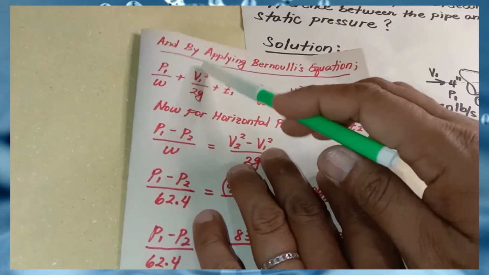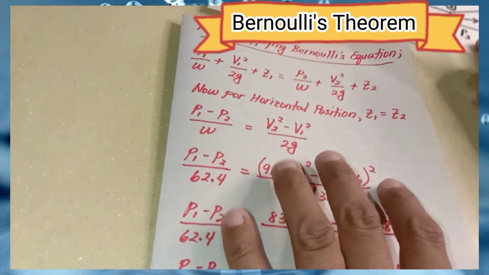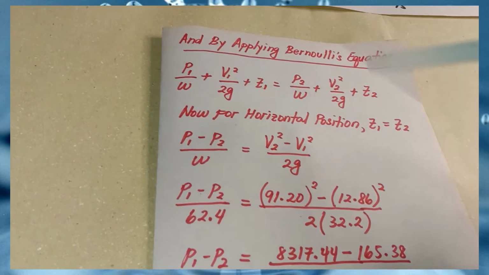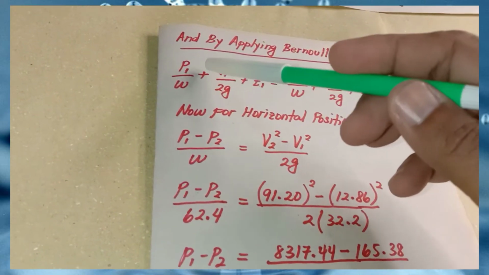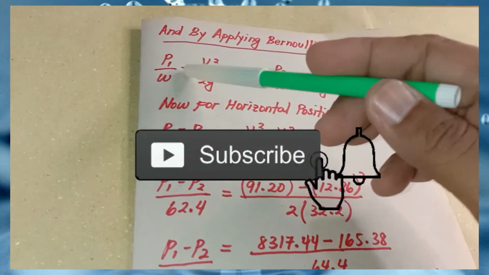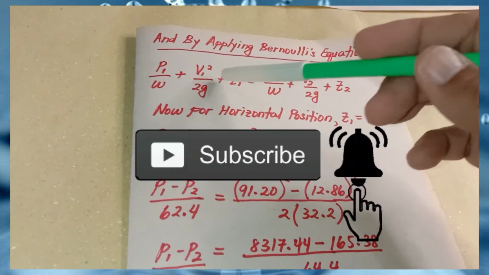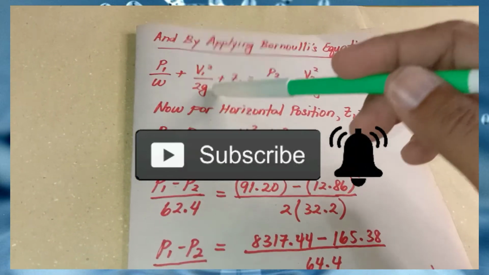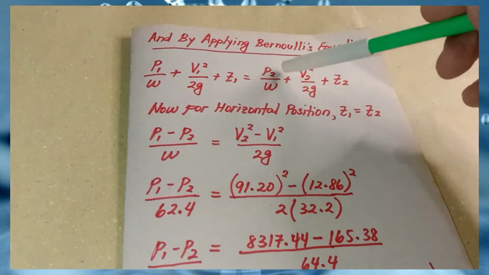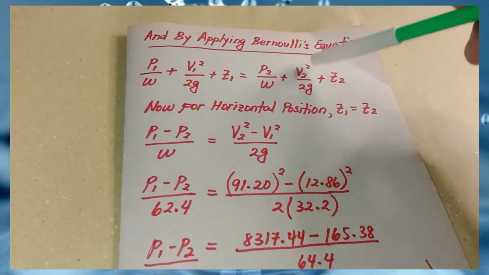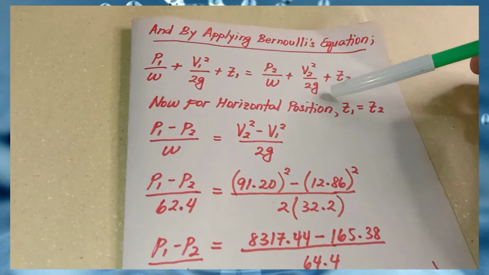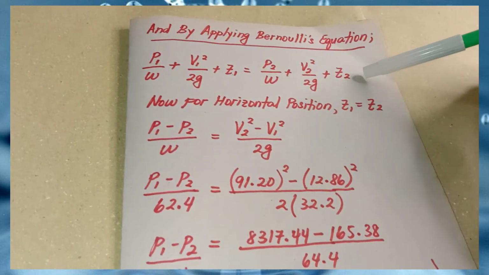So by applying Bernoulli's equation from fluid mechanics, as we all know, P1, meaning initial pressure over the unit weight of the liquid, plus the initial velocity squared over twice the gravitational acceleration, plus the initial elevation, is equal to the final pressure over unit weight of liquid, plus the final velocity squared over twice the gravitational acceleration of the liquid, plus the final elevation.